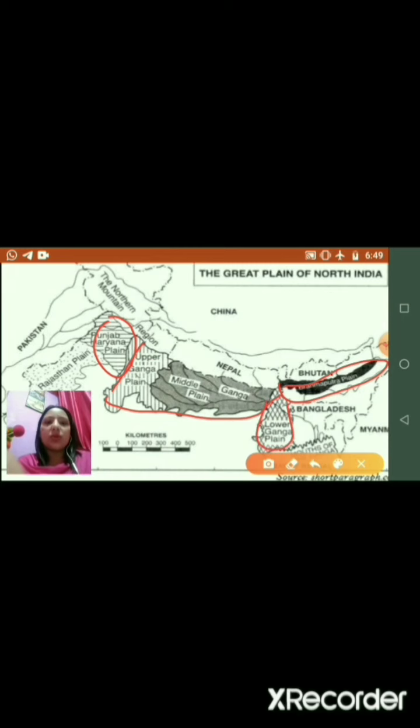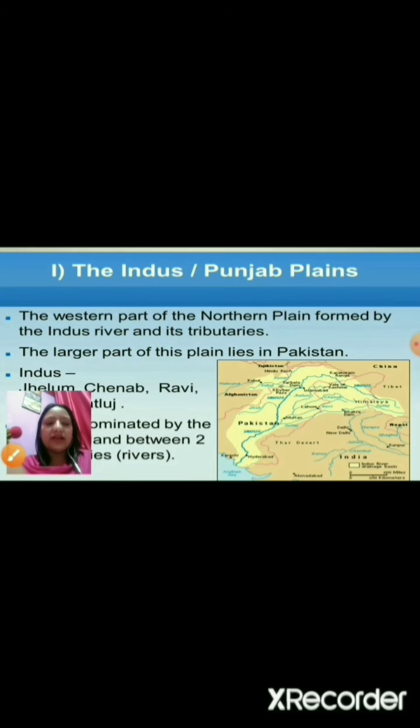So the northern plains are divided into three main sections. This region is the Punjab Haryana plain, this region the Ganga plain, and this region the Brahmaputra plain. One by one, first the Indus plain or the Punjab Haryana plain.